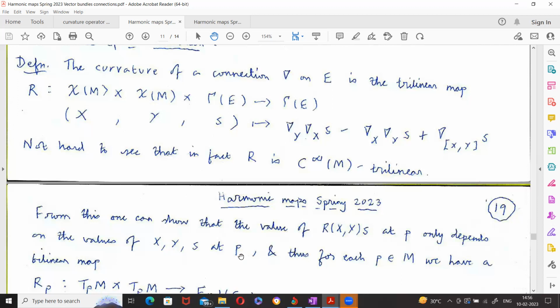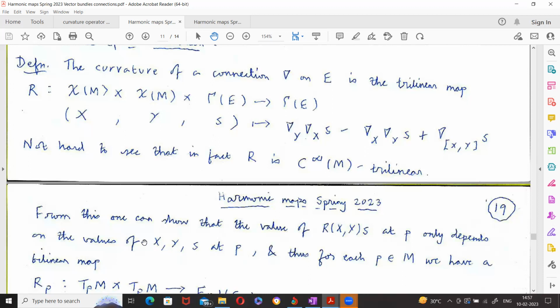And that was enough to show that nabla X S at P only depends on the value of X at P. We were able to localize the connection to a point because it was C infinity M linear in X, right? So the same sort of calculation will let you show that this only depends on the values of X, Y, S at P. Okay.